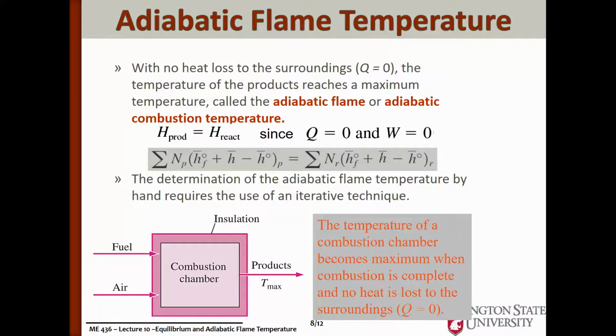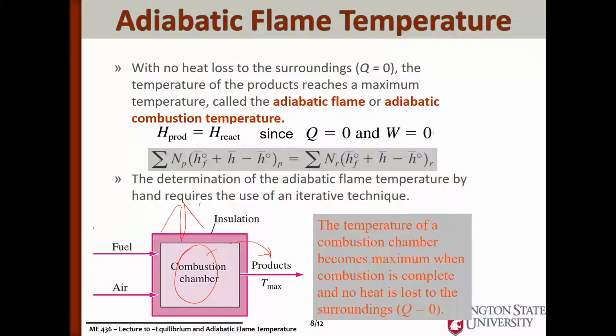All right. As you burn something, the energy that's released during combustion is all going to go into the sensible energy of the products, unless there's some heat loss. This is just a simple free body diagram. First law, energy balance.